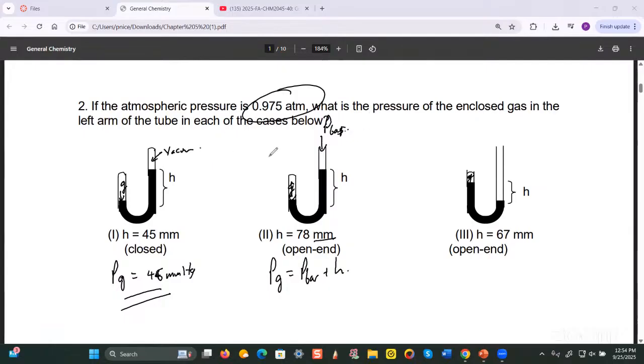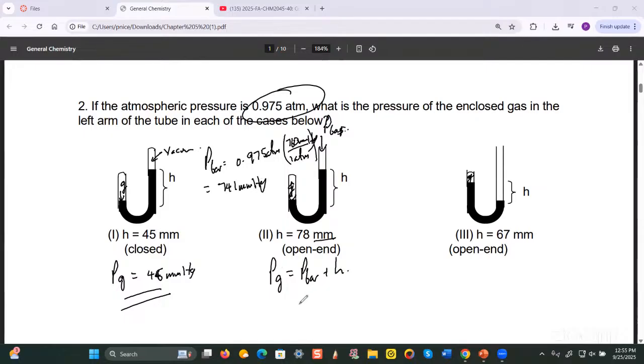So let me do a quick calculation right here. P bar will be equal to 0.975 atmospheres multiplied by 760 millimeters mercury over 1 atmosphere. So 0.975 times 760, and according to my calculation, that works out to be 741 millimeters mercury.